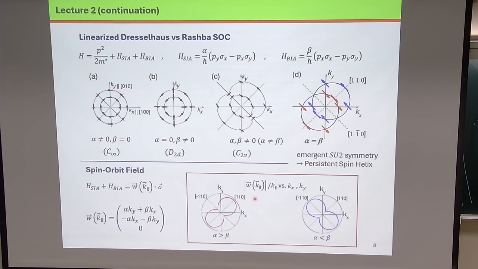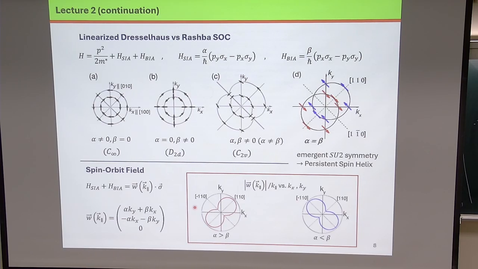So you have this spin-orbit field, and this will create some things. One of the things that it will create is anisotropy. If you look at the strength of this field, it's not the same in all directions. If you have only Rashba, it will be isotropic. If you have only Dresselhaus, it will be isotropic.